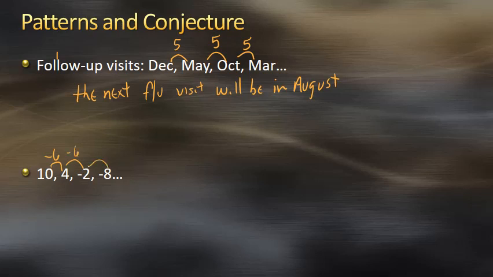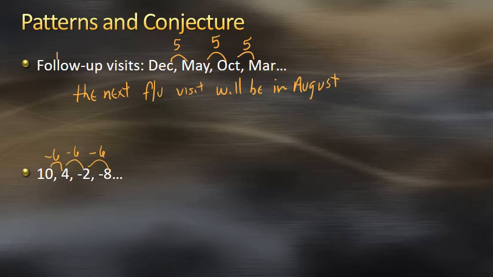And the difference between -2 and -8 is -6. So we are establishing a pattern here. We're recognizing a pattern that the next number in the sequence is 6 less than the preceding number.